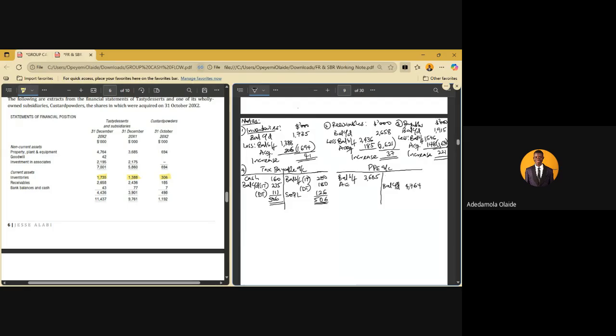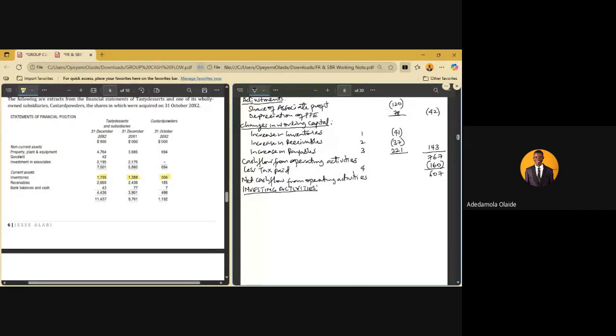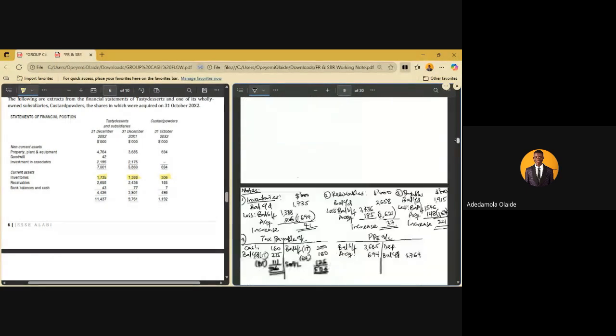If we acquired during the year, we acquired 694, and there was a depreciation charge during the year of how much? 78.